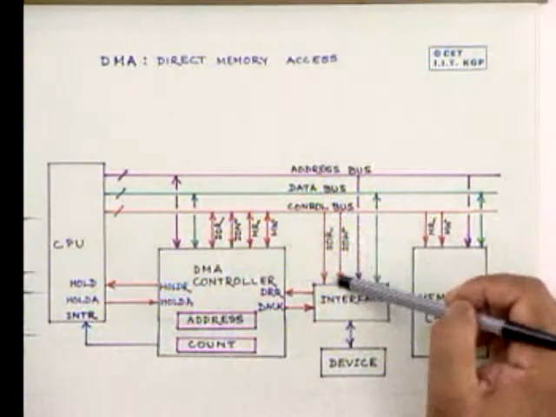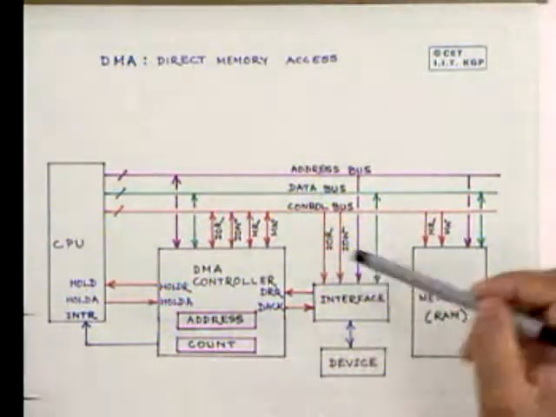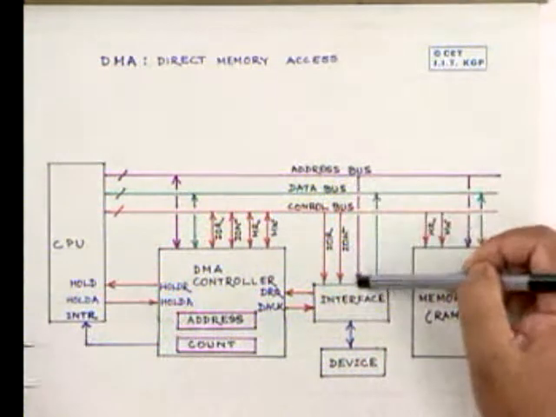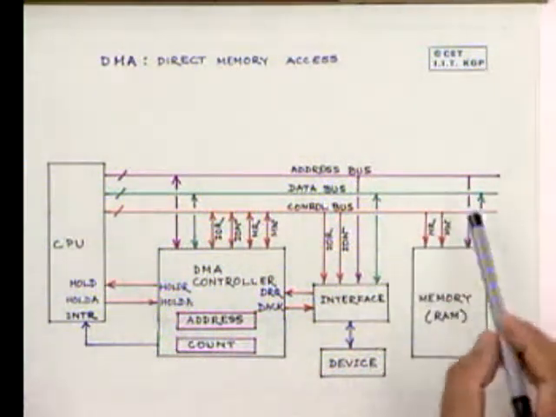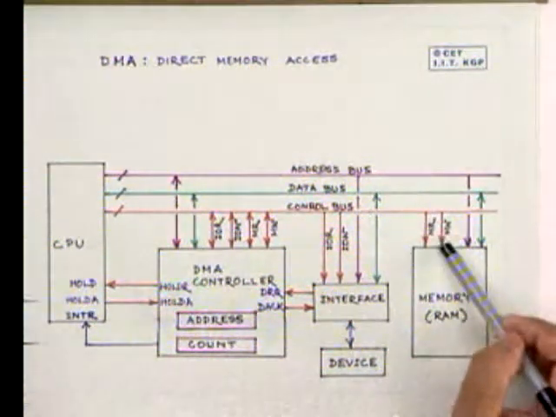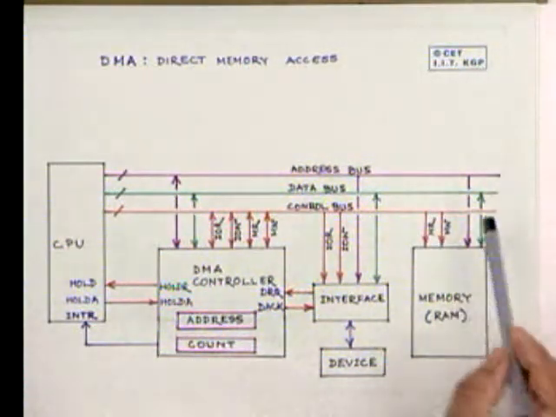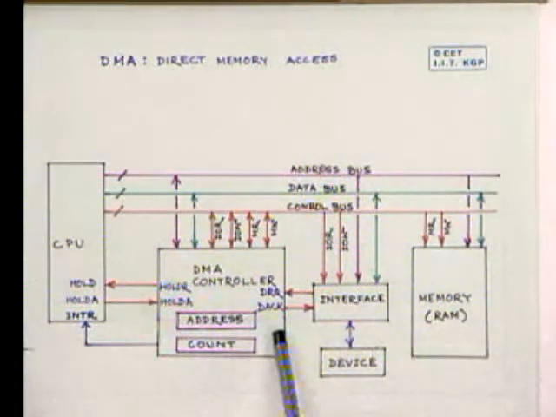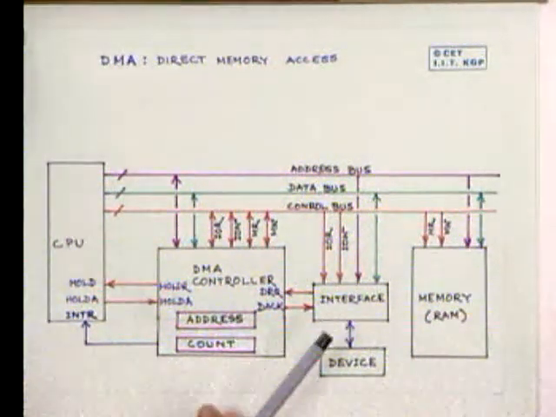Therefore, IO read and IO write are connected here. Naturally, the data bus should be connected, and to choose this interface, the address bus also should be connected here. Since it's memory, the memory read and memory write signals are connected. The address bus is connected, and data can go both ways. Now, let's see how the entire DMA controller works.